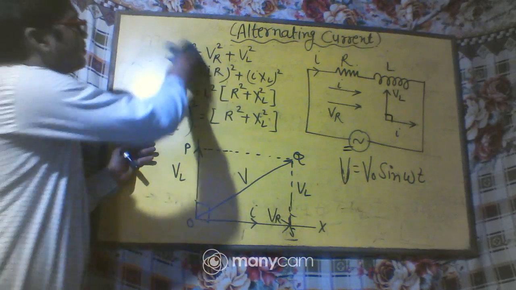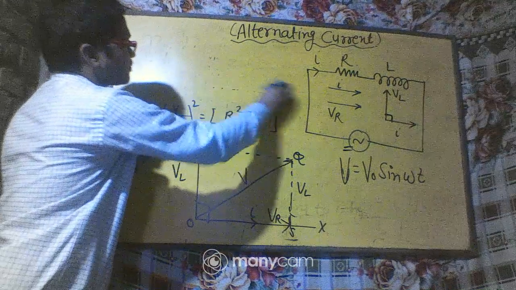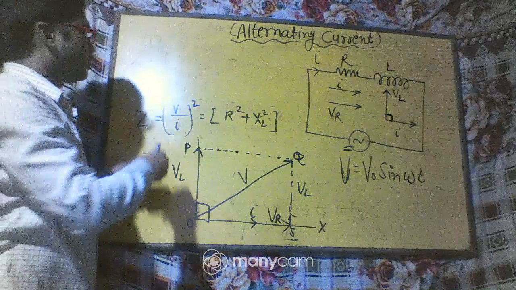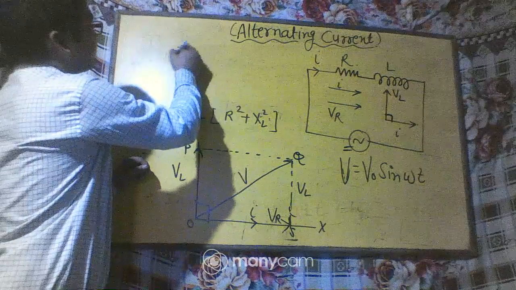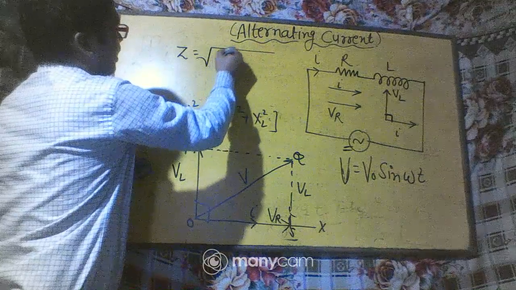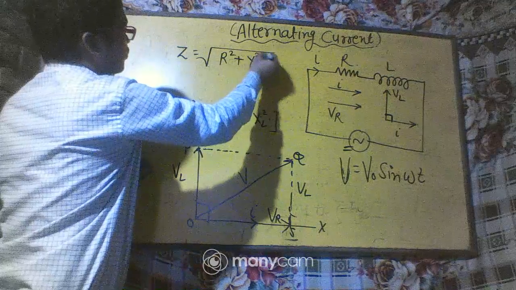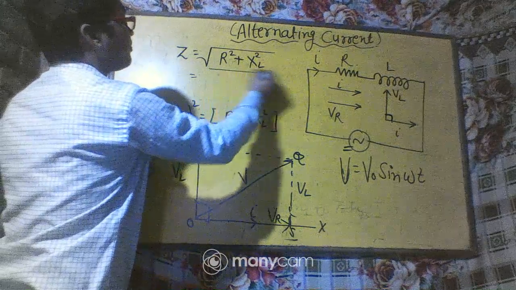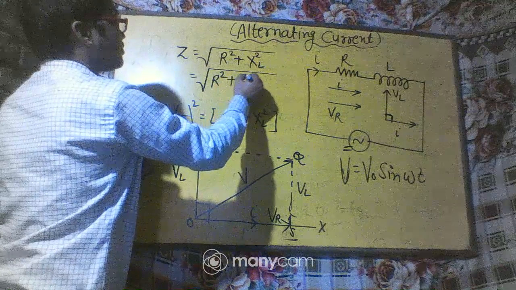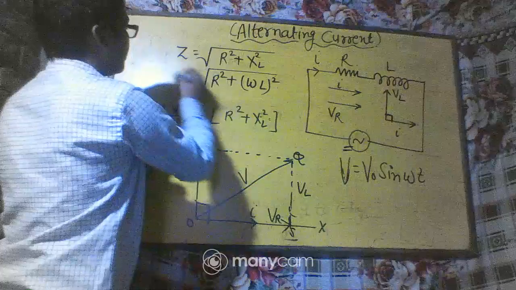I am going to erase this part. So you can write it like Z is equal to under root R square plus XL square, or you can say this one is equal to under root R square plus omega L whole square.